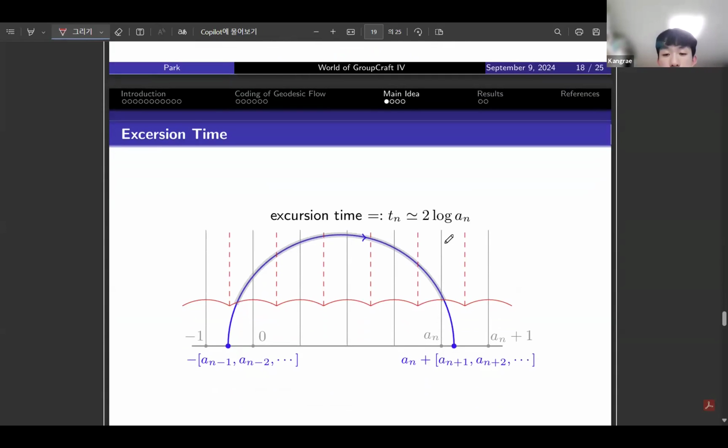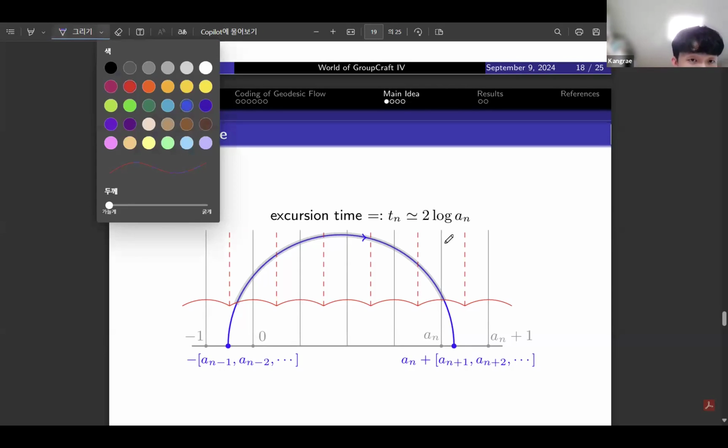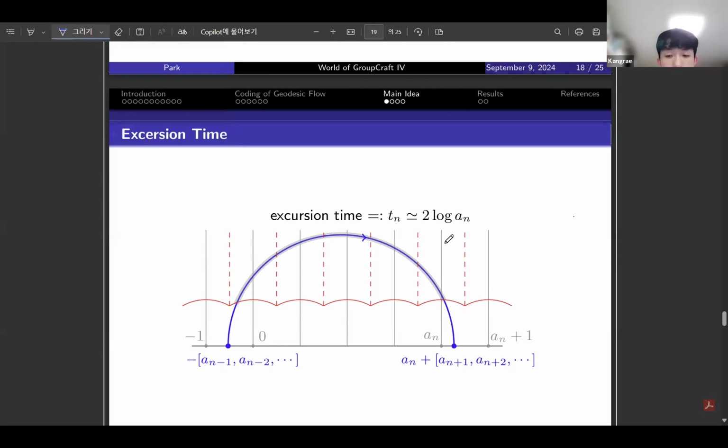So when we think of the nth excursion, the coordinate of the terminal point would be a_n plus continued fraction [a_{n+1}, a_{n+2}, and so on], while the coordinate of the initial point would become negative [a_{n-1}, a_{n-2}, and so on].